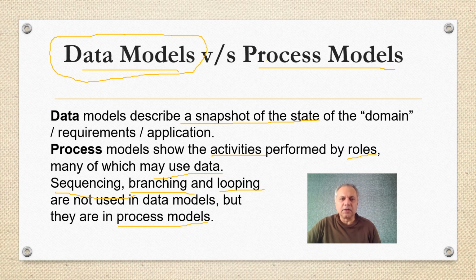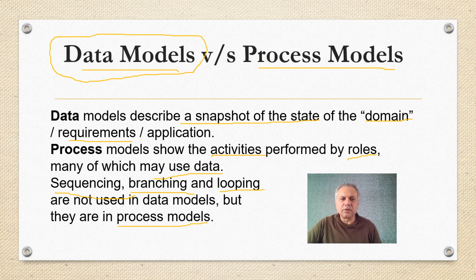So our goal when we come up with a data model sketch, let's say an ER model sketch, is to come up with a snapshot of the application, which is also called the domain, based on the requirements, right? We want to come up with a sketch that captures all the information that would be needed. Now the requirements are most likely going to have a lot of processes described in them.